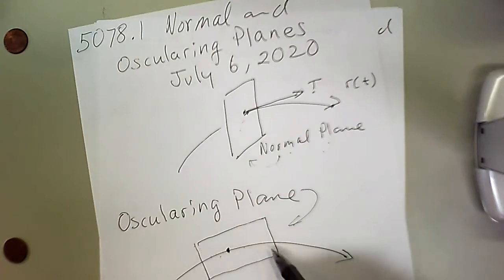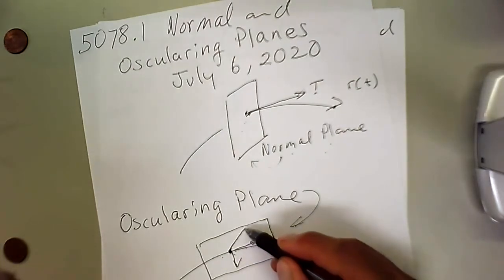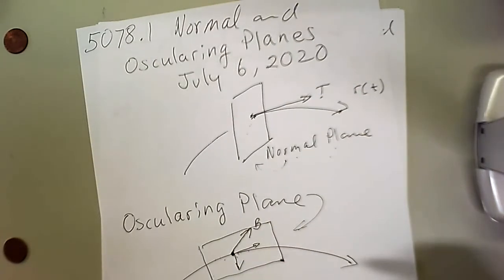To find the osculating plane, we got the tangent vector, you don't need that. You have the normal vector, you don't need that. You need the one that goes away, which would be the binormal vector.